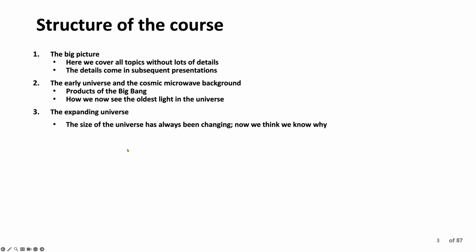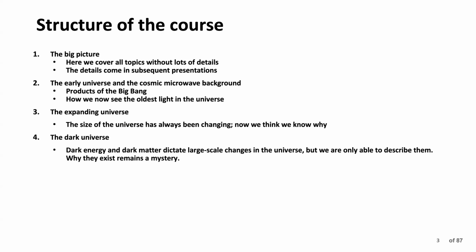Third lecture will be about the expanding universe, and the fourth about the dark universe. The dark universe includes dark energy and dark matter, both of which are mysterious properties of the universe. We'll also include in there dark holes, which are black holes, sorry, which are dark objects so dark we can't actually see them directly.